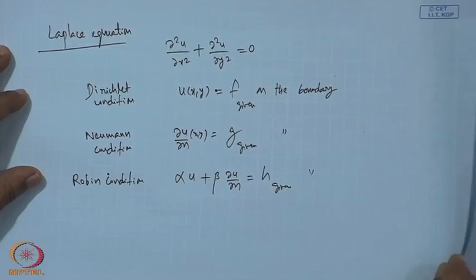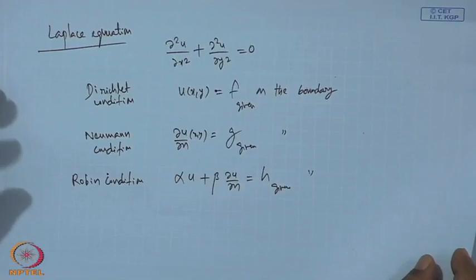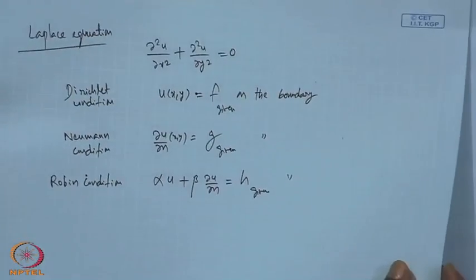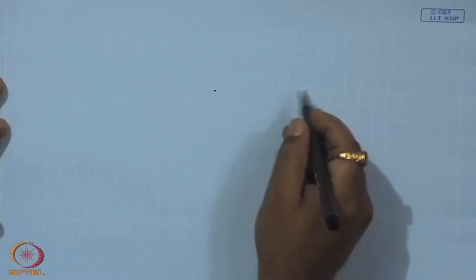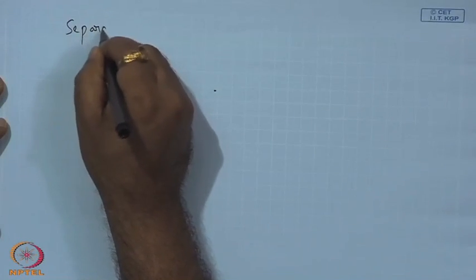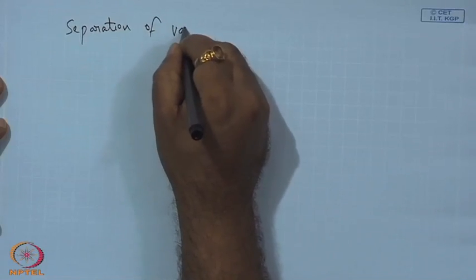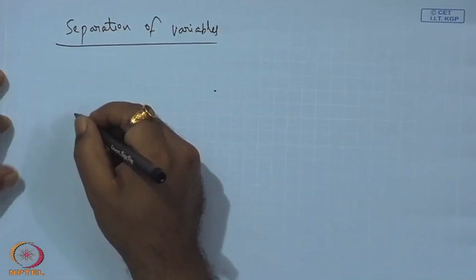So before we go for numerics, let us see for the simple cases, can we get analytical solutions. Since the equations are linear, okay, we would like to attempt separation of variables.